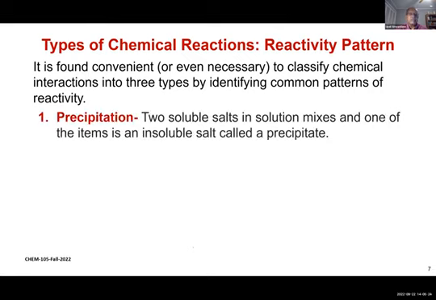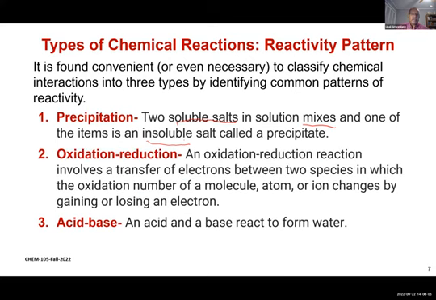Precipitation is when soluble salts are mixed; salt is an ionic compound. When their solutions are mixed, sometimes you get a precipitate. That's called a precipitation reaction. That's a common reactivity pattern shown by ionic soluble salt solutions.